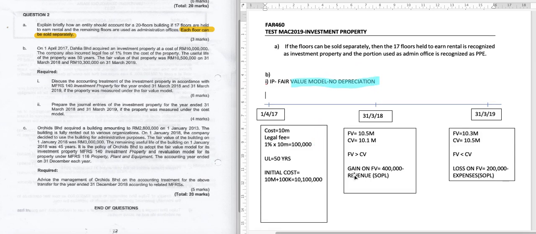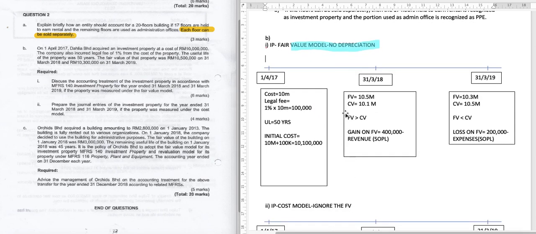So we do the calculation first. Now when there is no depreciation, you just carry the initial cost, okay, as a carrying value, and since fair value is more than the carrying value, there was a gain on fair value of 400,000, and this is to be treated as revenue in SOPL.